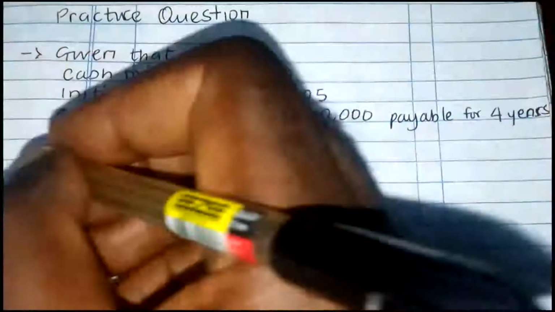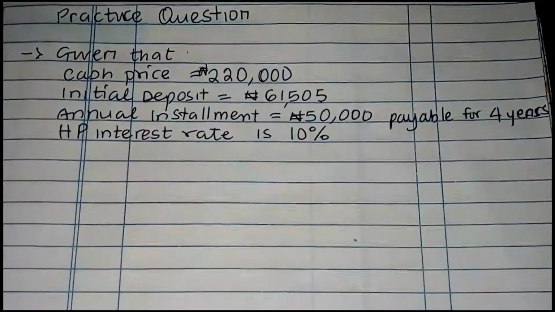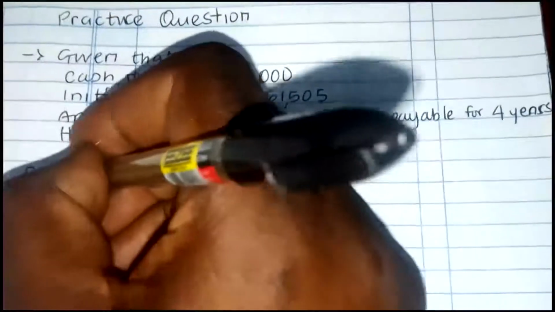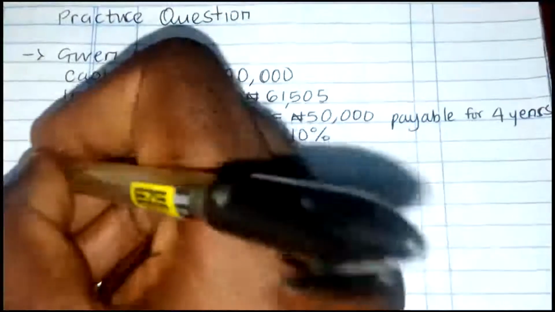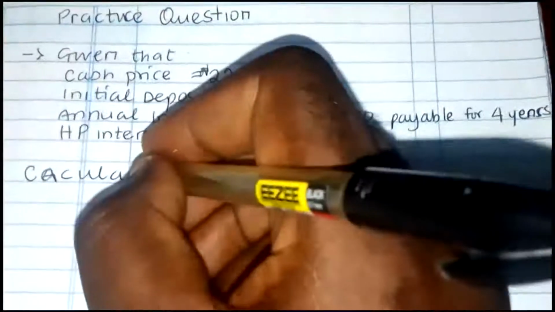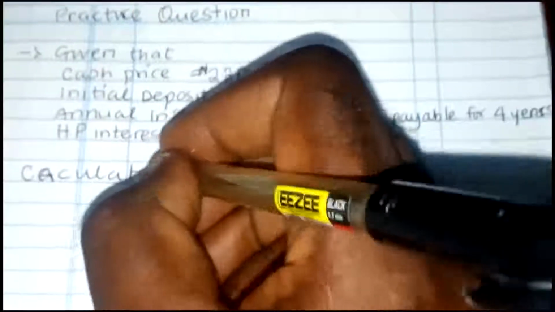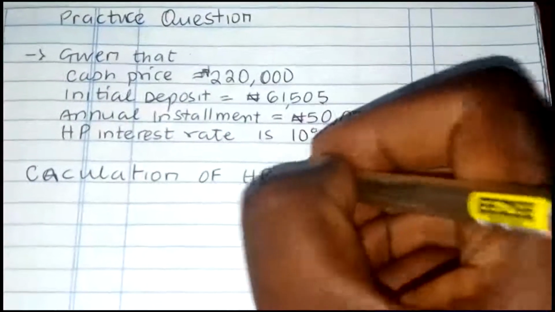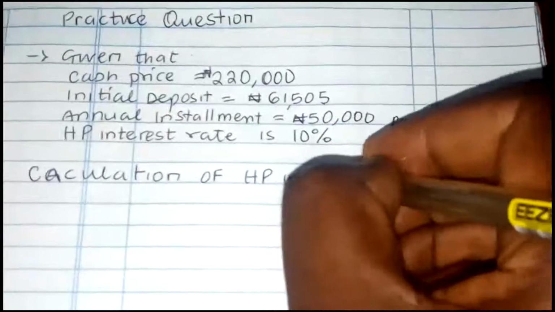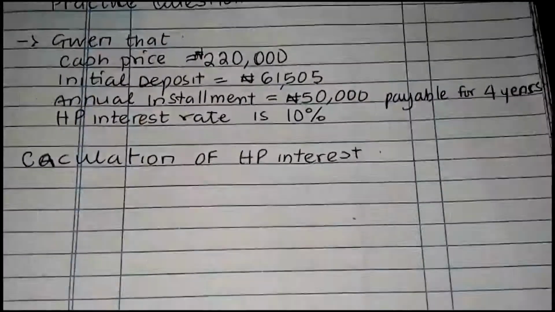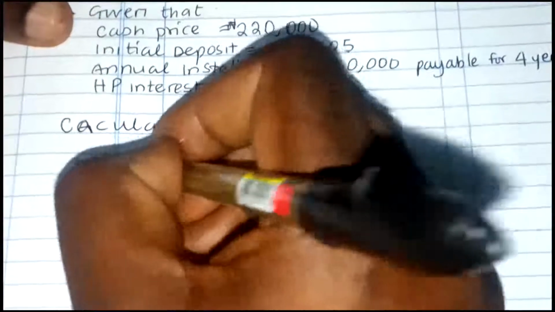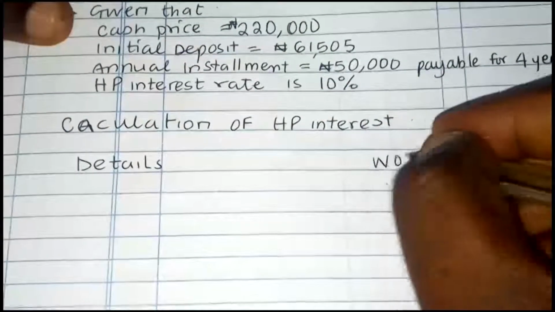So what you will do, the first thing, like I always said, you write what you are about to do. That is calculation of hire purchase interest. Okay, then you have your details, take notes, then the workings.